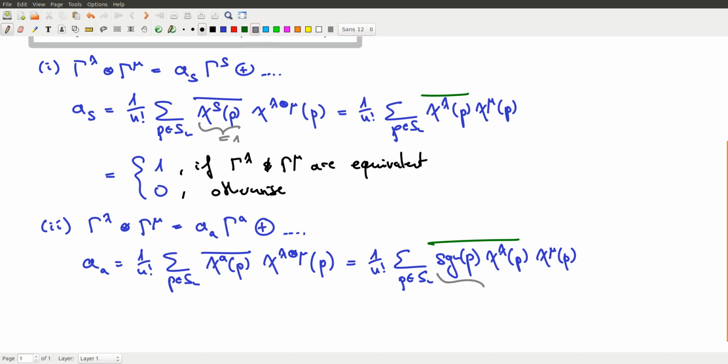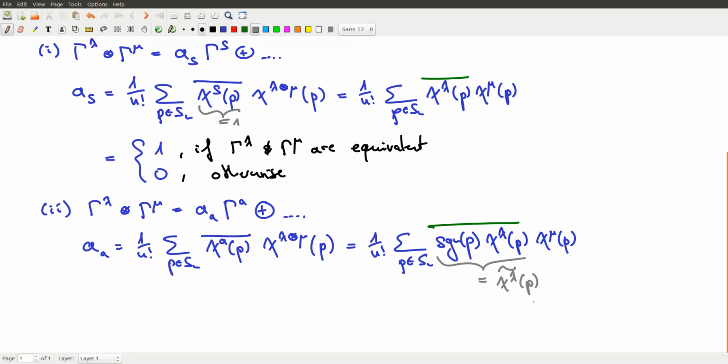But the point is that this product here, that's just the character of the associate representation of gamma lambda. Because we get the associate representation by multiplying a representation with this sign, and then the sign just multiplies all the characters. So now, same argument as before, character orthogonality.